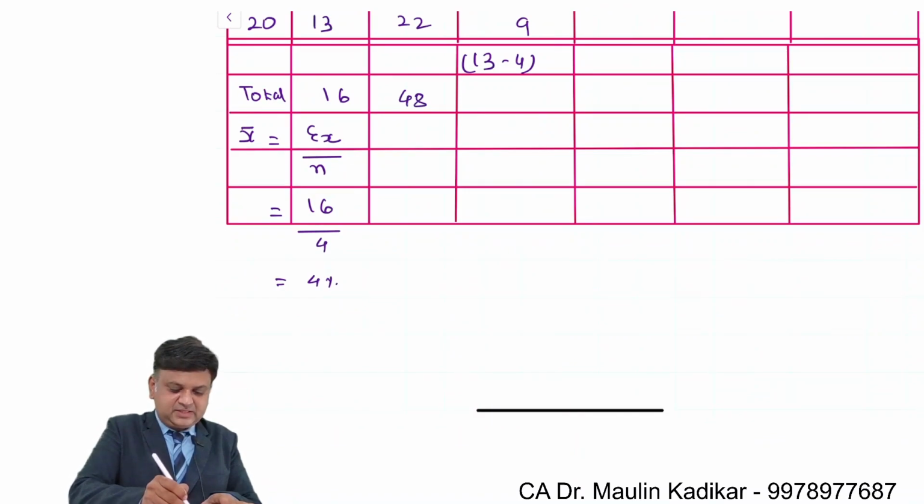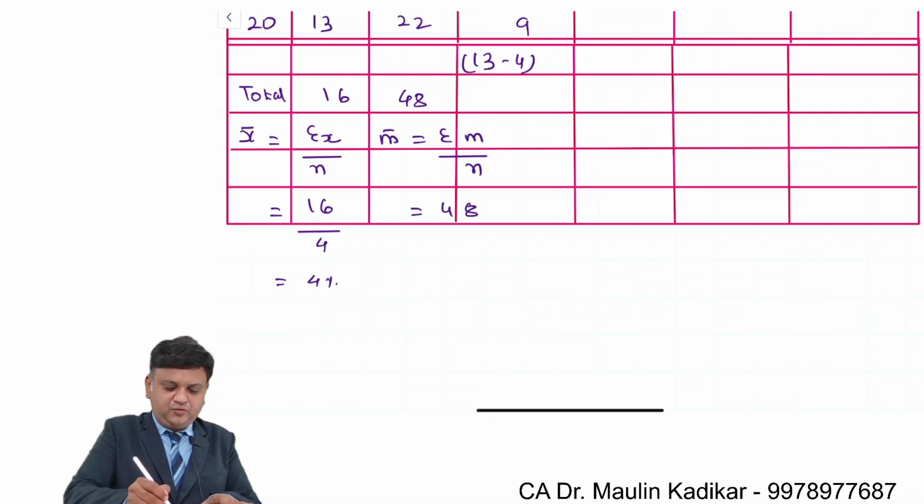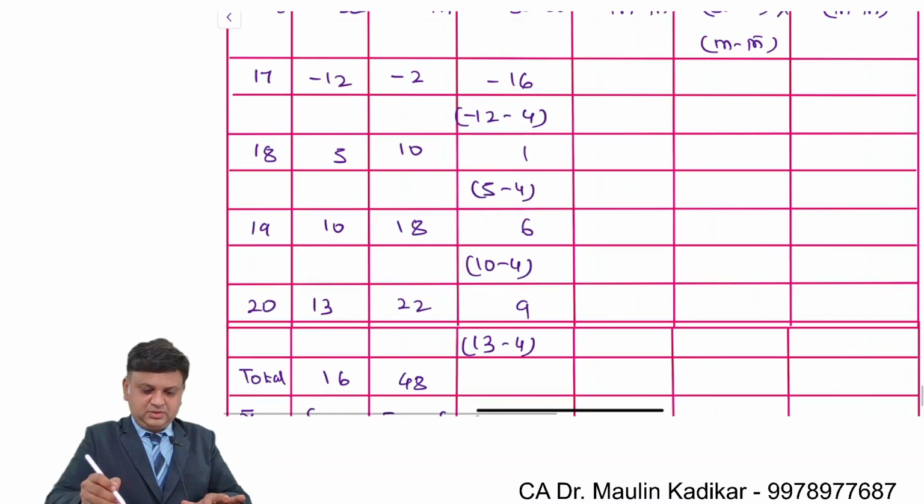As far as the m bar is concerned, it is again very simple. Summation m divided by the number of years. Summation m is 48 divided by number of years, which is 4. That comes to 12% positive.